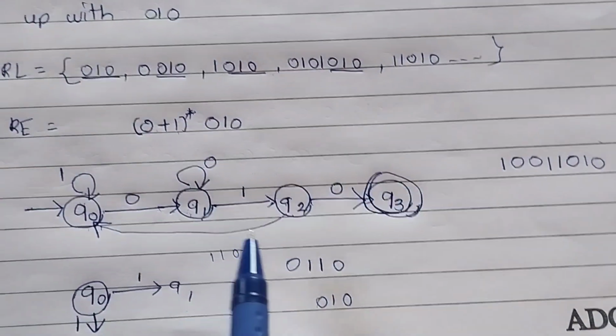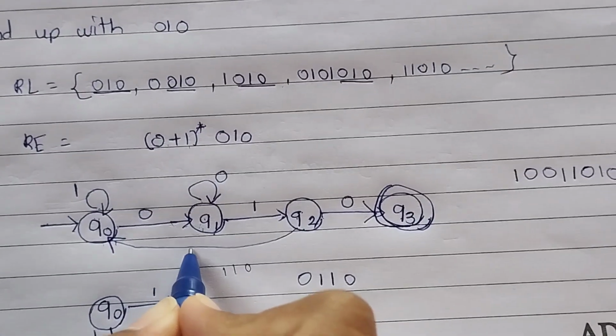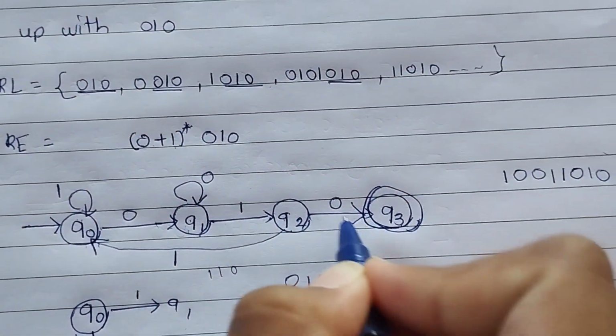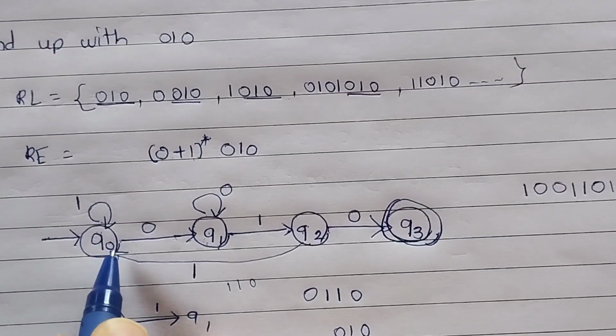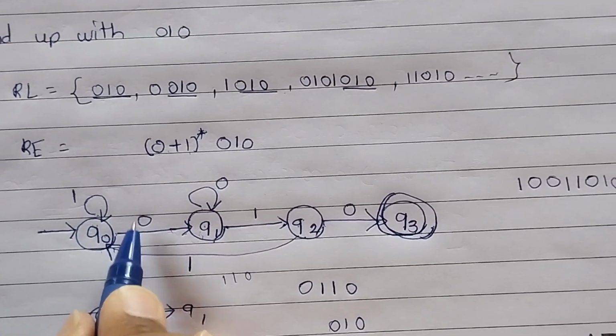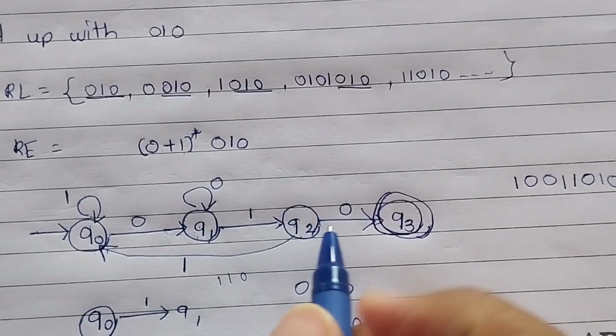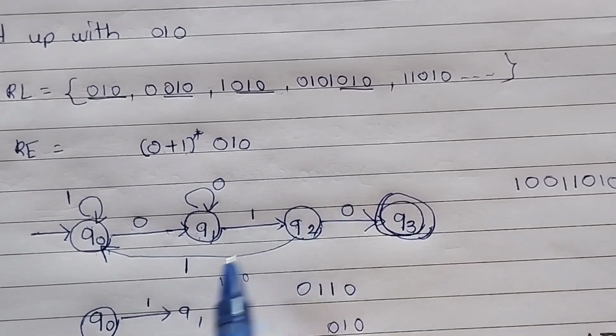Now it is accepted. So that's why we transfer this 1 to q0, and from q0, 1 and 0 are transferred. Now q1 again transfers 0 and 1, and q2 also transfers 0 and 1.